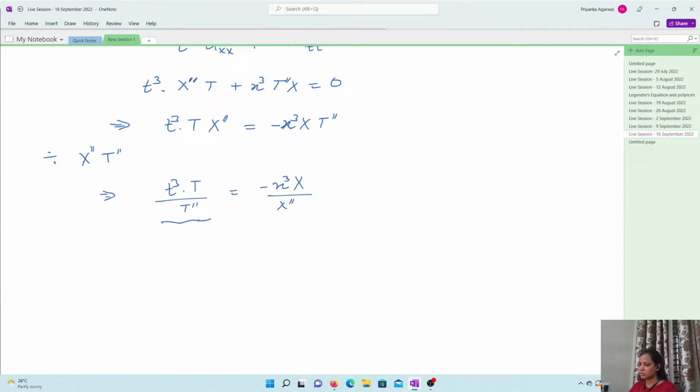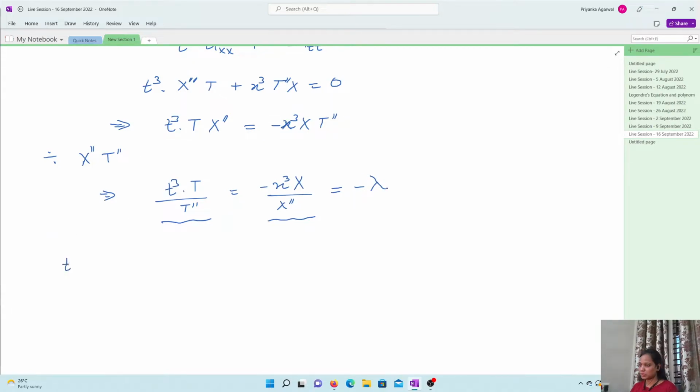So this term is only a function of t and this term is only a function of x. Therefore, both of these terms can be written as equal to some constant. So let that constant be equal to minus lambda.